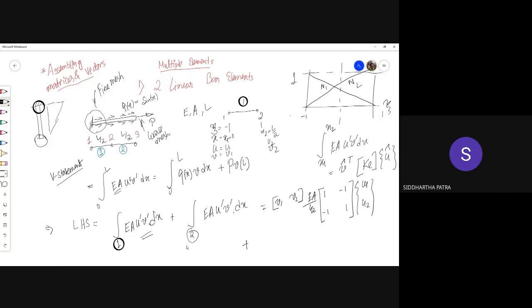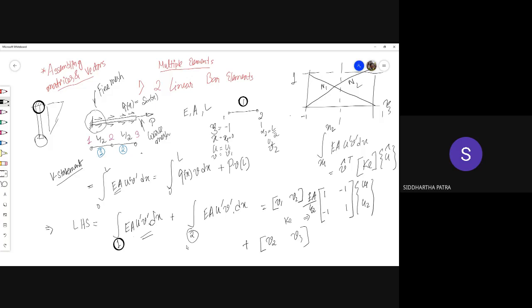For the second term, it is going to be V2 and V3. You see, if you look globally, not element wise, this thing is your element stiffness matrix. And now we would be proceeding towards something called a global stiffness matrix.